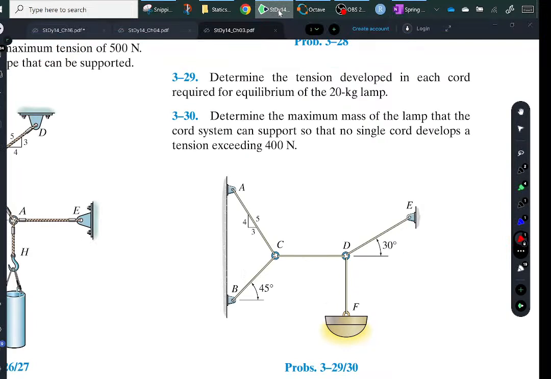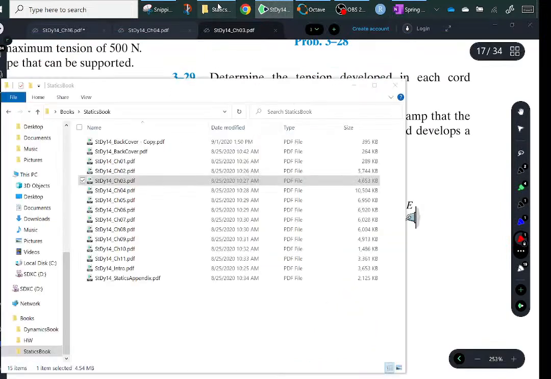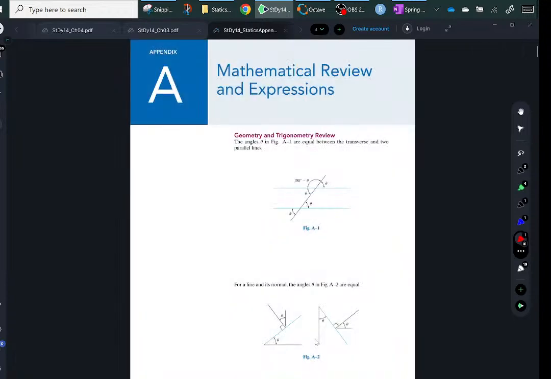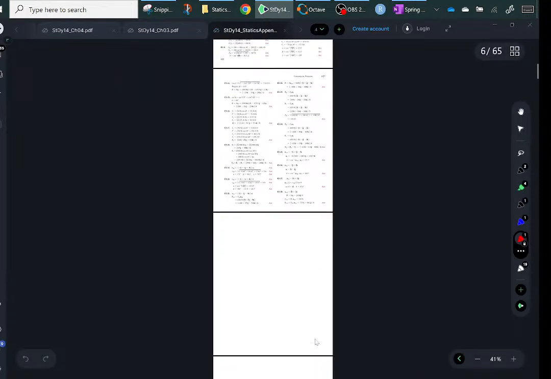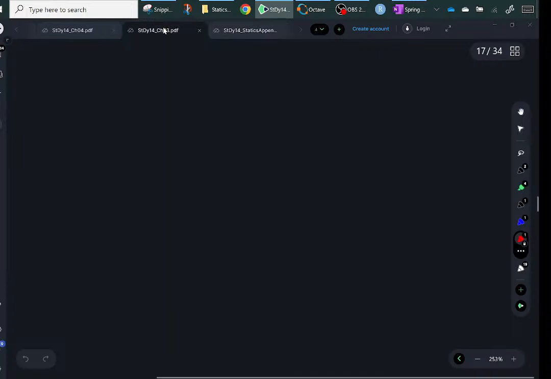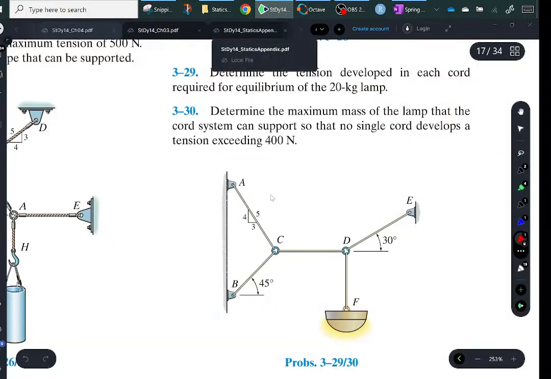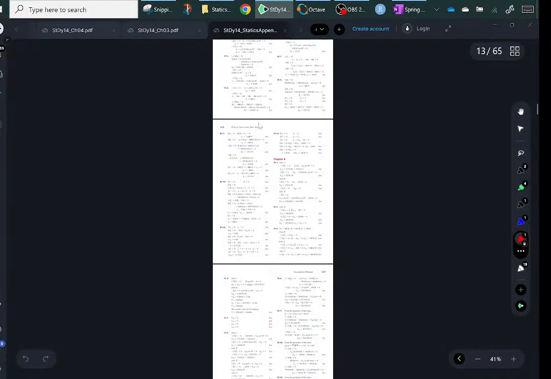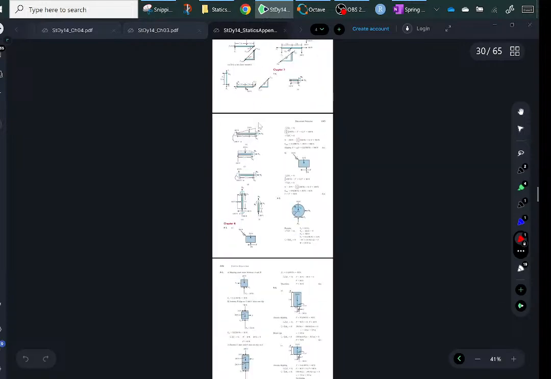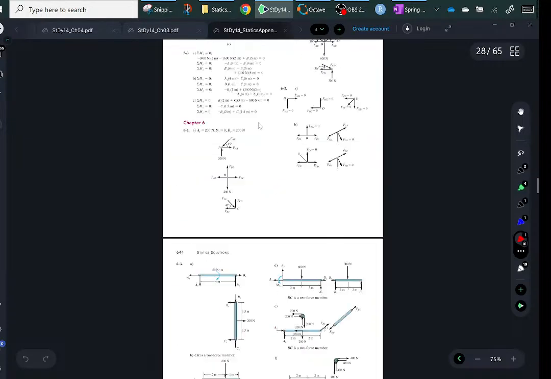What was this problem number? 329. Okay. Just going to do a double check. Okay, wait a minute. Was this a fundamental 329 or was this not a fundamental 329? No, it's just 329. Okay, what am I looking at?